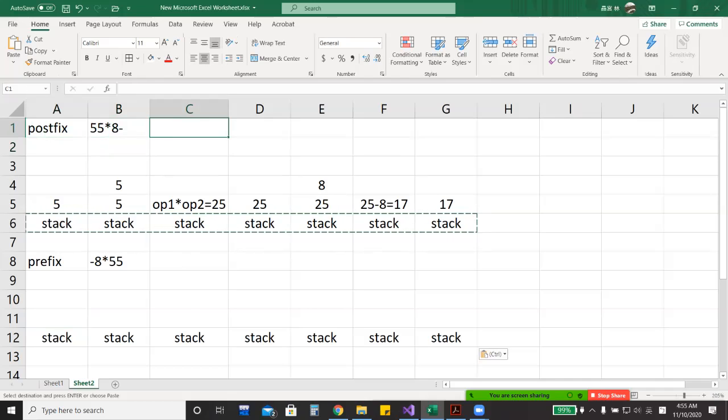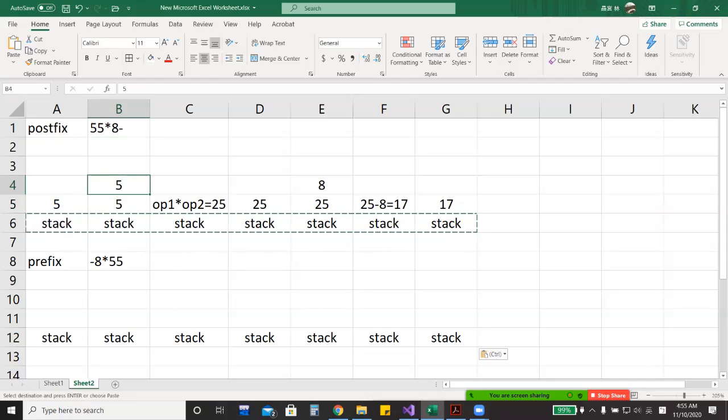How does this work in the stack function, and what value will it get by using postfix? Postfix means it will read the values from left to right into the stack. It will read the first 5 at first, then put the next 5 onto the stack.